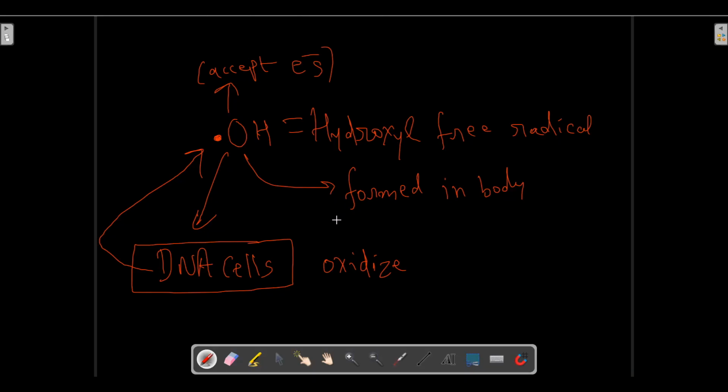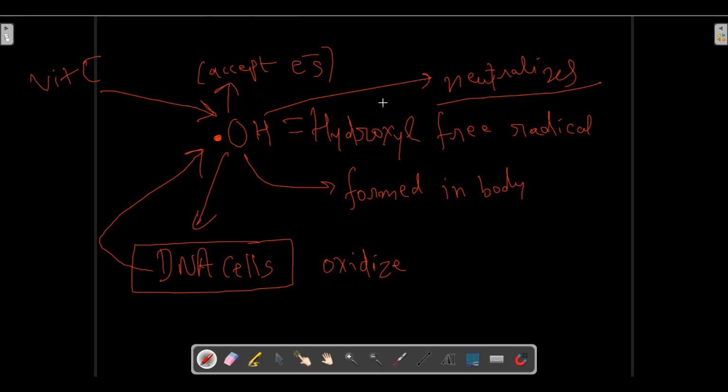Now what does vitamin C do? Vitamin C gives the electron to OH radical and neutralizes it. Not exactly neutralizes, that is not a good word, it kind of satisfies the electron deficiency.